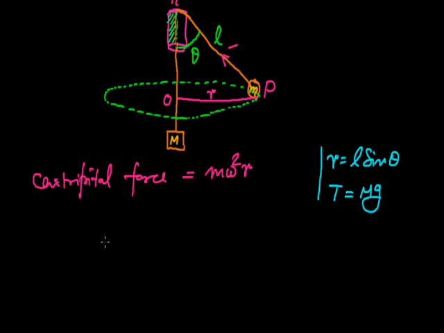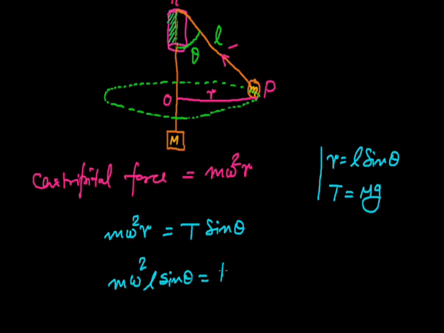Then centripetal force m omega square r is equal to T sin theta, and m omega square L sin theta will be equal to capital Mg sin theta, cancelling sin theta by sin theta.